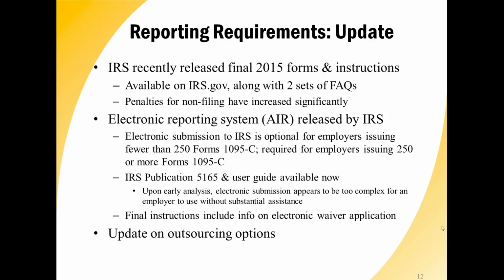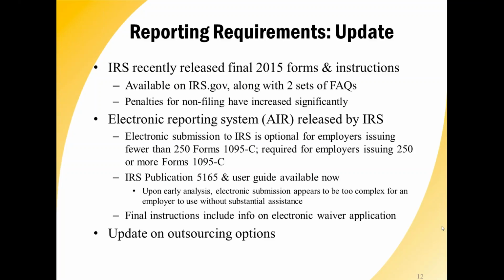As an example, over the summer, in a separate release, the IRS confirmed that the penalty, which had been $100 per form not submitted, had been increased to $250 up to an employer maximum of $3 million. Now that's just preposterous, and that's off the scale, especially based on the size that many of you are.